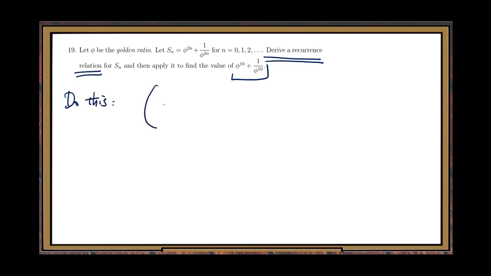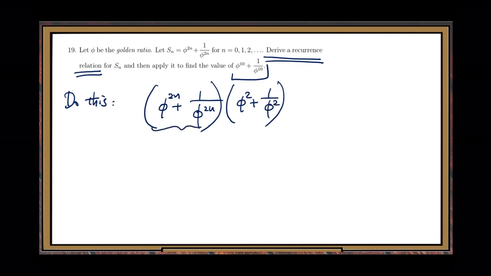The first one, S sub n, multiplied by another one, S1, which is phi squared plus 1 over phi squared. So this is the expression S_n, and this is the expression S_1. When n equals 1, you have this expression. S_n times S_1.